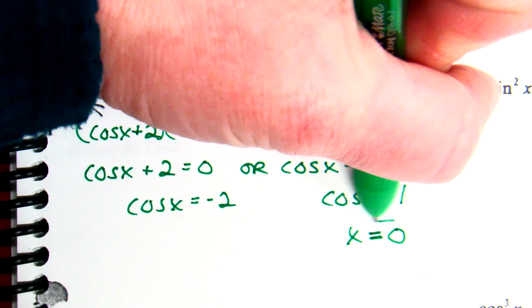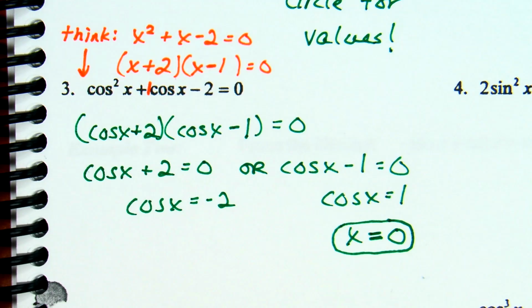When does cosine equal -2? Huh? Never. Why are you suggesting never? Okay. Think about the graph of cosine. We just had a quiz over graphing cosine, yes? And where does cosine start?